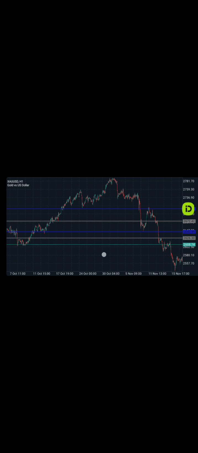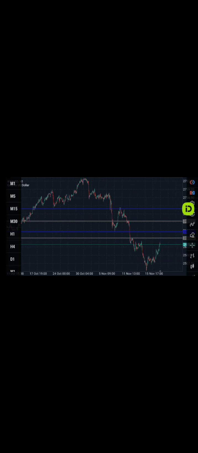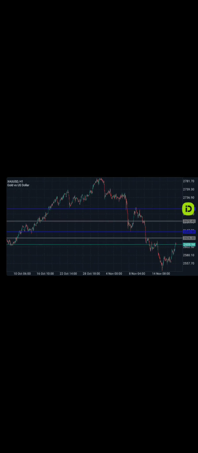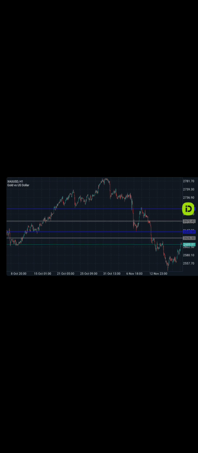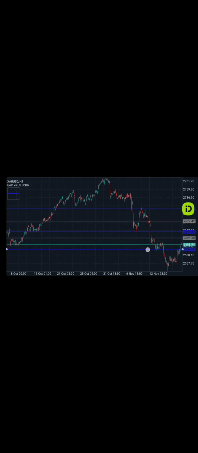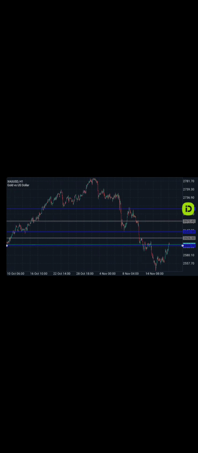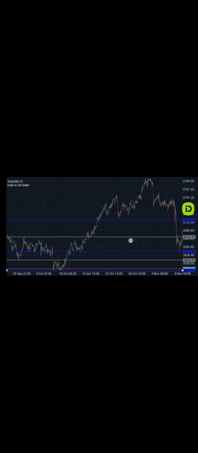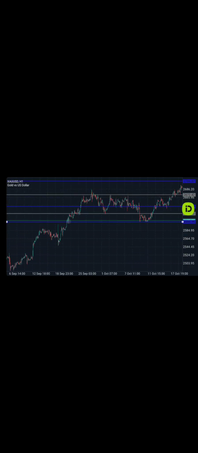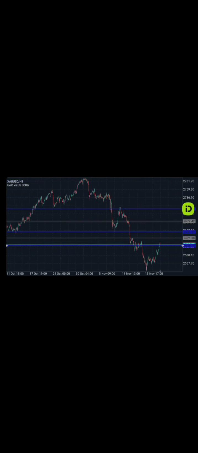And then we also have, this is my last one, right? Because I'm just going to draw 3 for each time frame. We also have 1, 2 touches there, and the third one there, right? So for me this is enough.